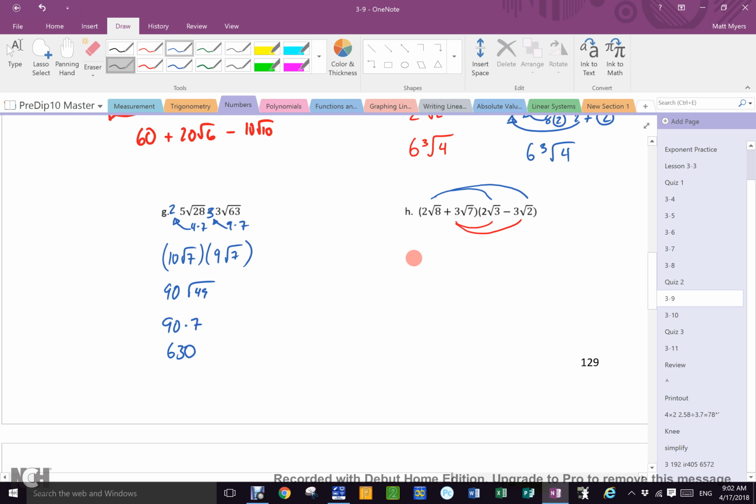So in blue, I've got 4 root 24 minus 6 root 16, correct? Everyone's happy with that? And what are my red ones? Plus 6 root 21 minus 9 root 14.